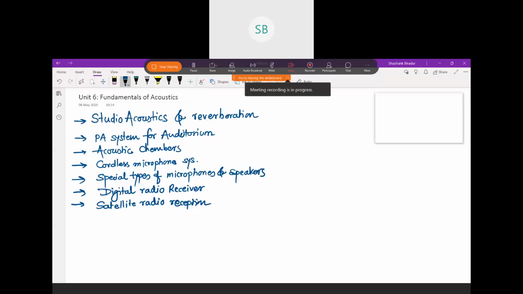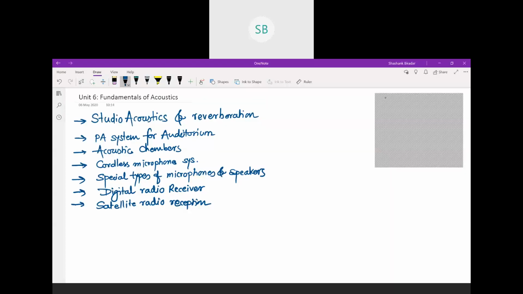Which is very interesting. Okay, so let us see what are the key contents of this sixth unit. The name of the sixth unit is Fundamentals of Acoustics.